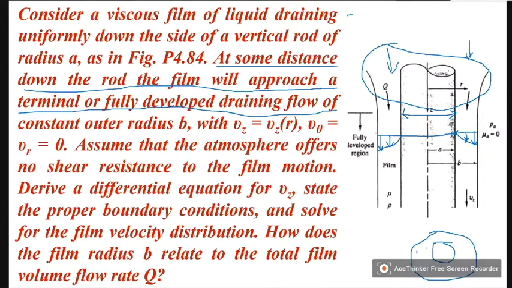So it is not like this. There will be a component of velocity in this direction also. So to avoid that, we consider something below only, right?